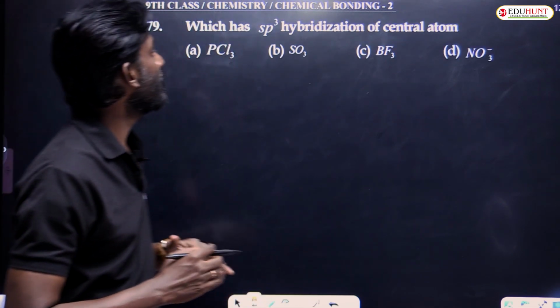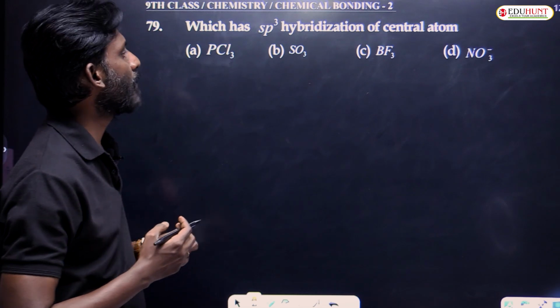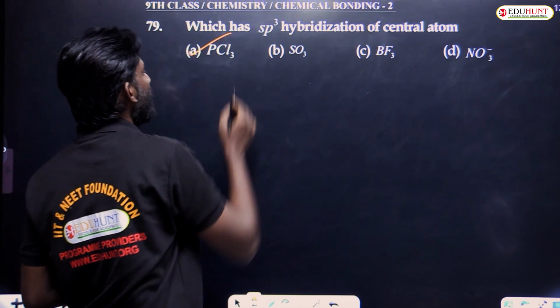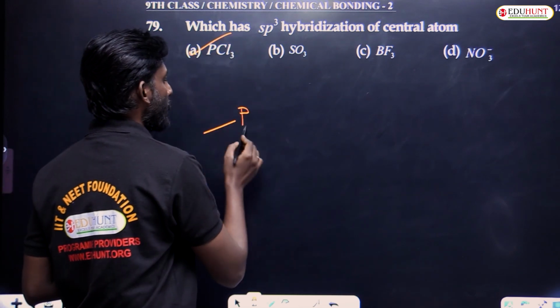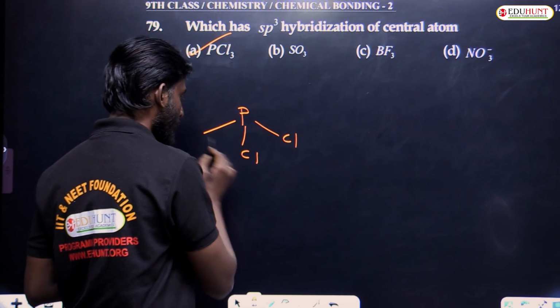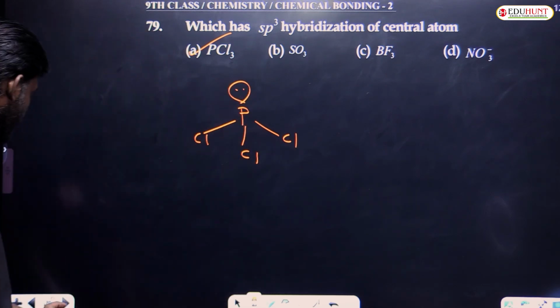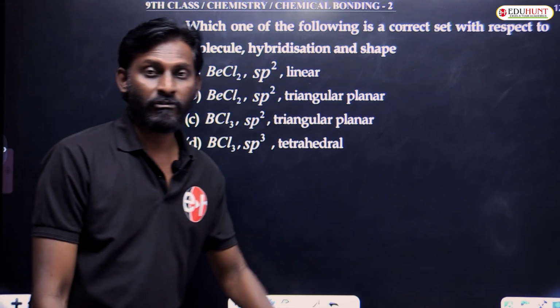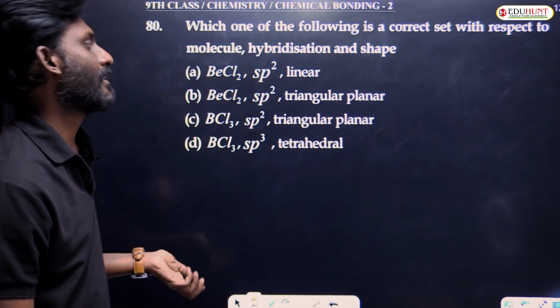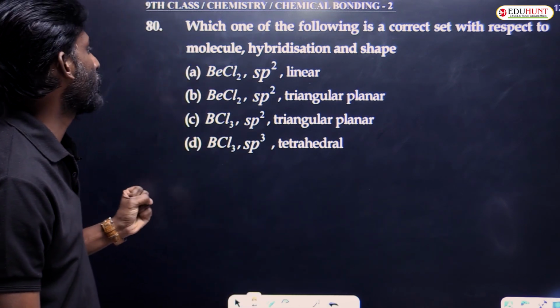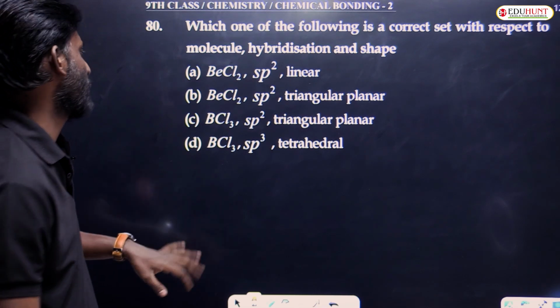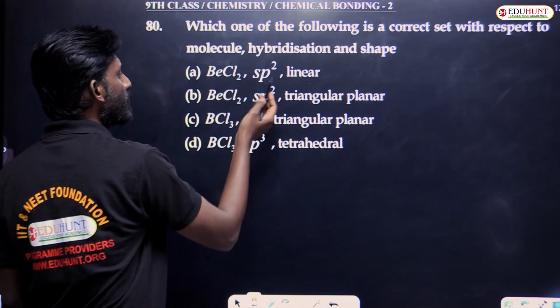That's it. And question number 79. Which has sp3 hybridization of central atom? Of course, PCl3. So draw the structure or determine the hybridization by using the steric number formula. Yes. Next, which of the following is correct set with respect to the molecule hybridization and shape? BeCl2 is sp, not sp2.